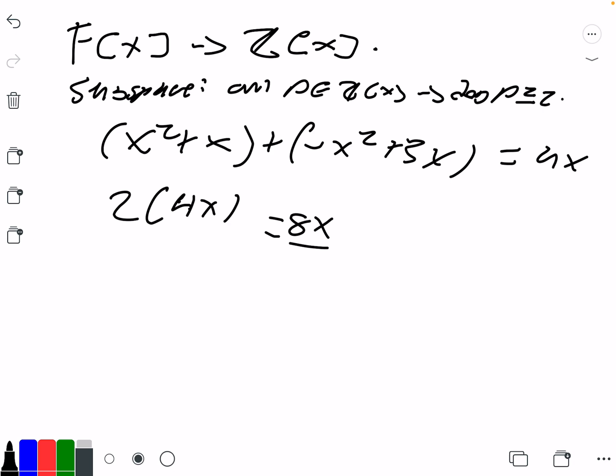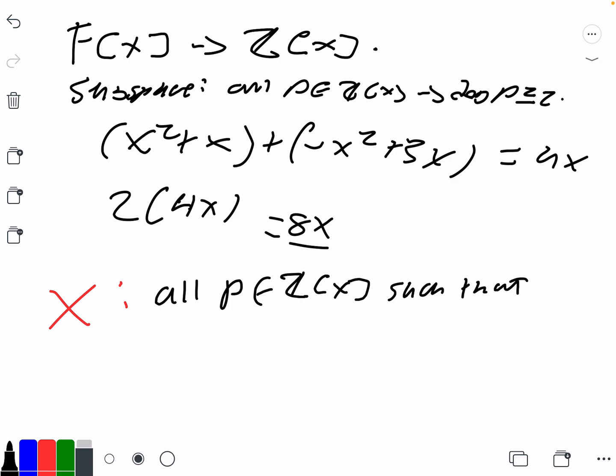Hooray. What is not a subspace? All p in P[x] such that the degree of p equals 2.